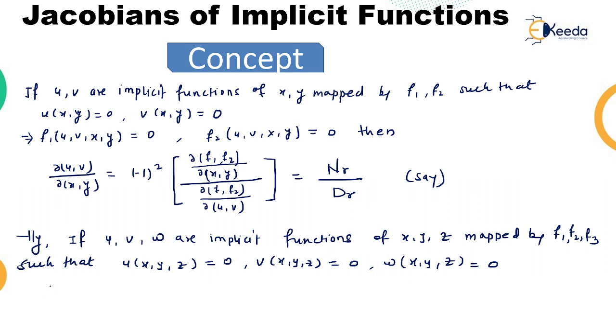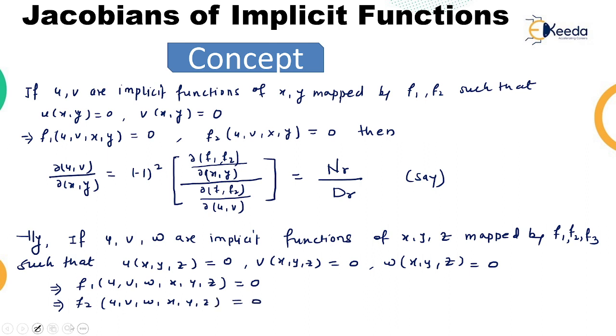The mapping takes such functions: f1 of u, v, w, x, y, z is equal to 0. Another function I am considering is f2 of u, v, w, x, y, z, that is also equal to 0.